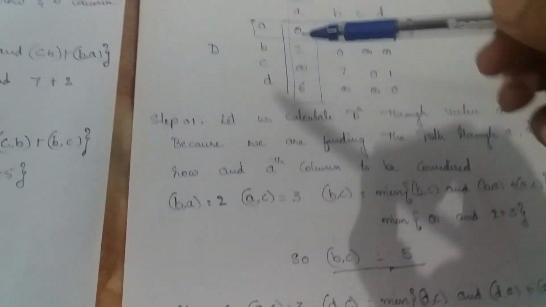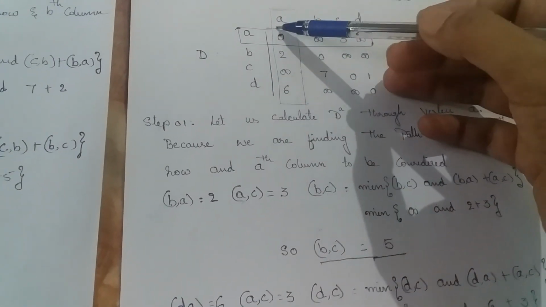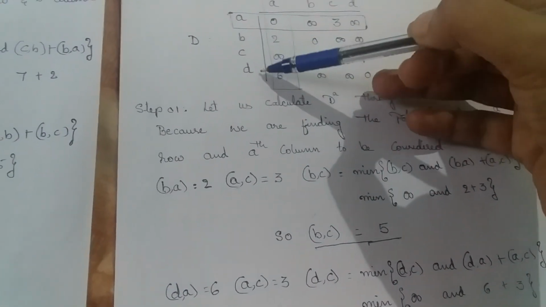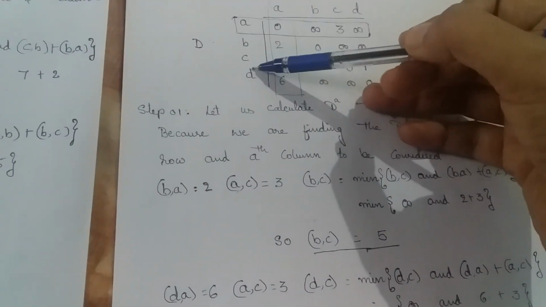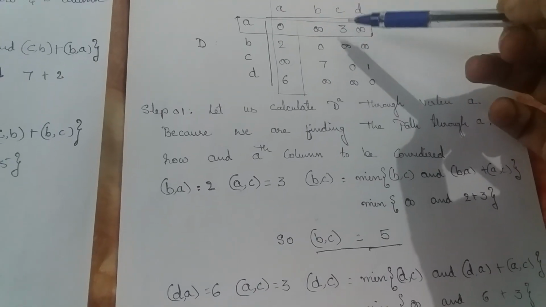Next I am again checking if there is any path between vertex D to A which can be reached through vertex A. That is D to A is 6 and A to C is 3.